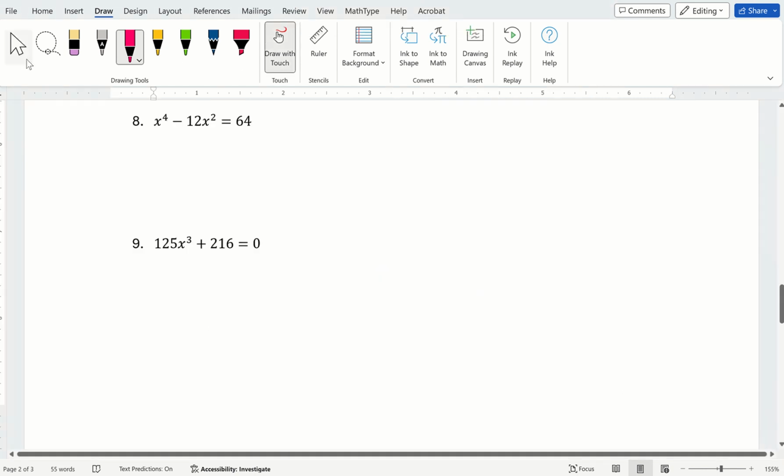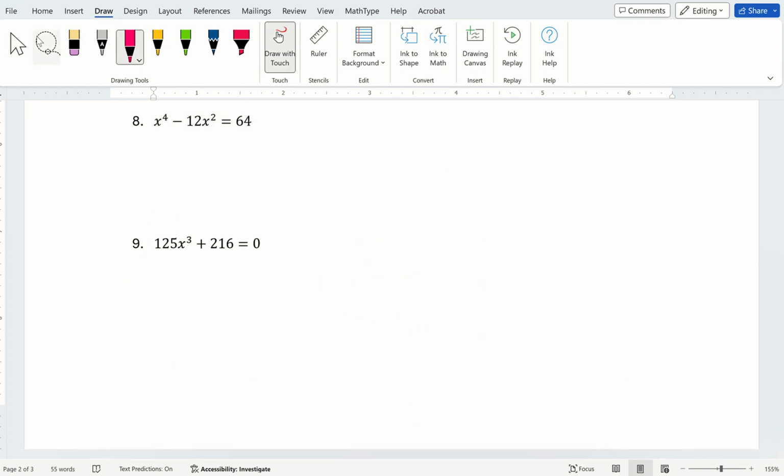Let's look at another type. So here I have x to the 4th minus 12x squared equals 64. Now I'm trying to find the roots, and so I need my equation to equal 0. So I'm going to subtract 64 from both sides, and I'm left with x to the 4th minus 12x squared minus 64 equals 0.